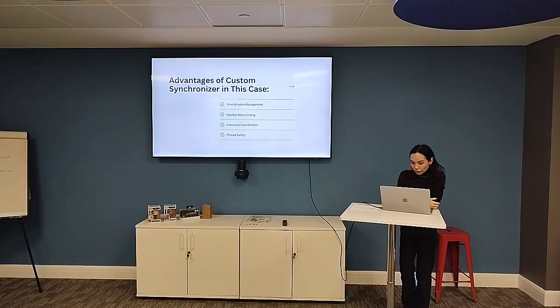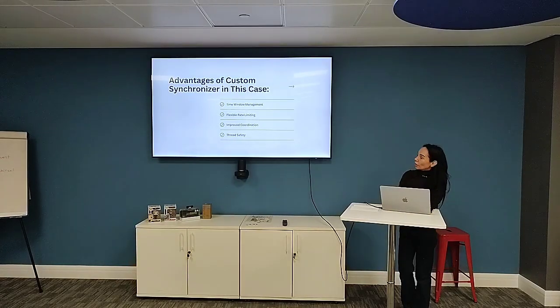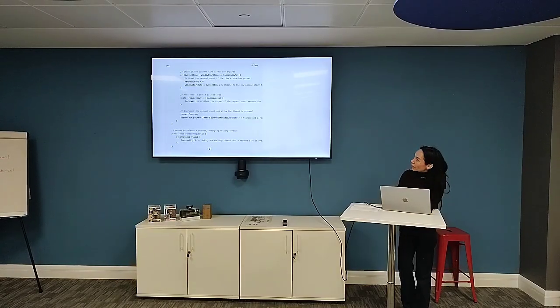Also, time window management. A custom synchronizer gives precise control over the time window and request count, resetting periodically and ensuring that no more than the allowed number of requests are processed. This is something you won't find in the semaphore built-in implementation.